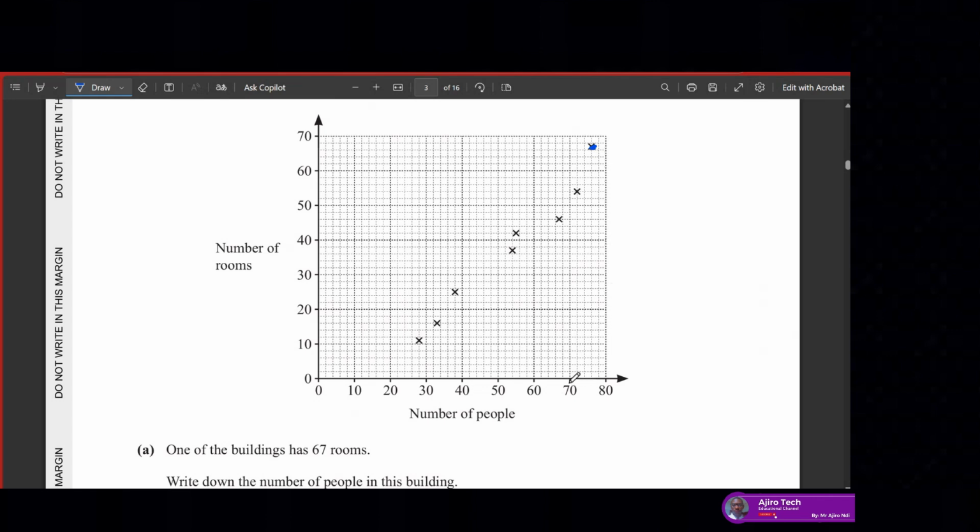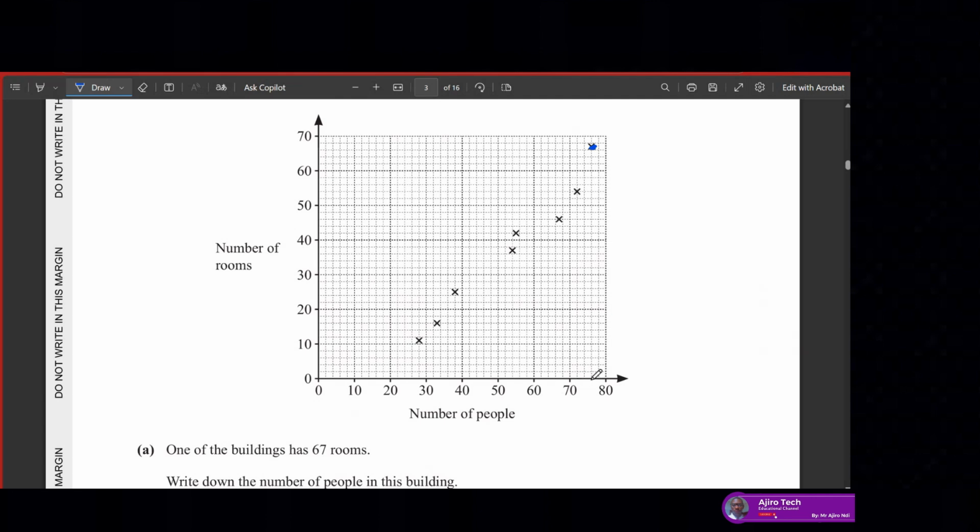Now look at the space, the difference between 70 and 80 is what? 10. Now, if you look at the boxes we have there, how many do we have? 5, which means that each box represents 2.